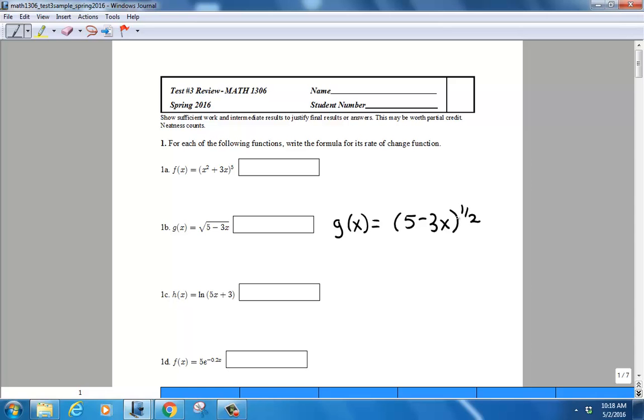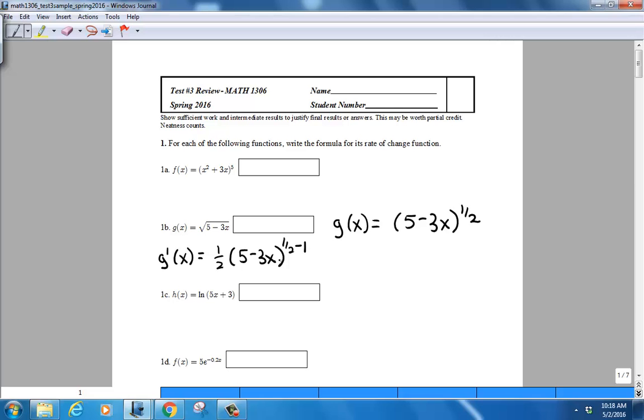And then when you've got it written with the 1/2 power, you have a lot of practice now in applying the power rule, so it's fairly easy now to find the rate of change, correct? Because you're going to bring the 1/2 down as a coefficient in front, and then subtract 1 from the exponent, okay?